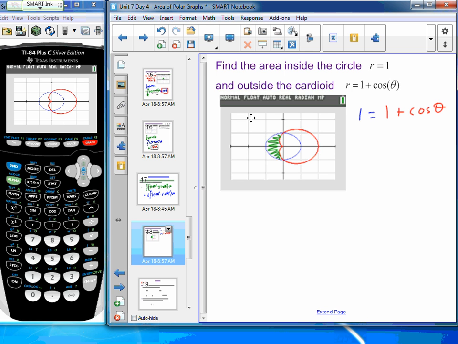Are there any places where r sub 1 equals r sub 2? Well, yeah. When does cosine theta equal 0? Pi over 2 and 3 pi over 2. Visually, we see that as straight up as my direction angle theta and straight down as my direction angle theta.